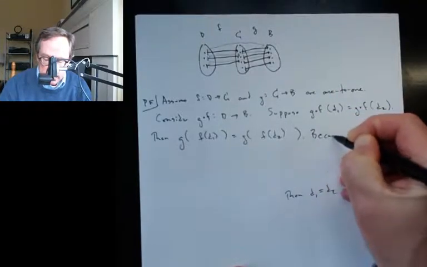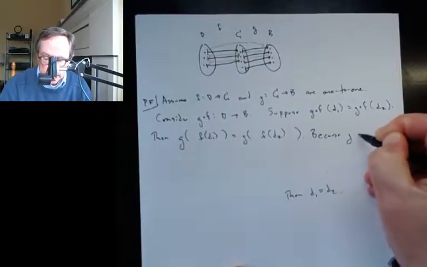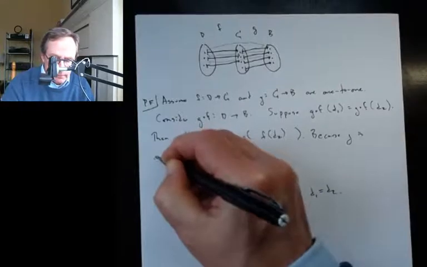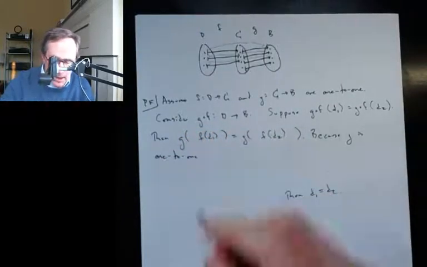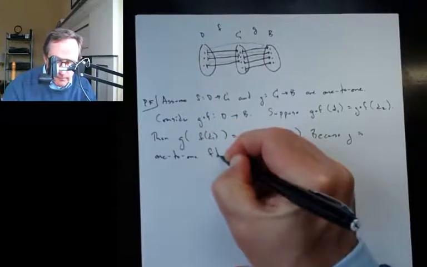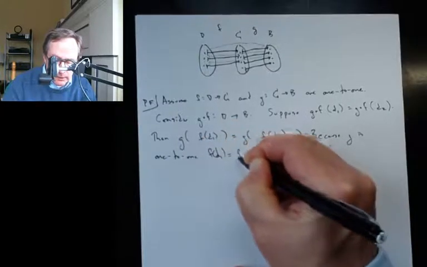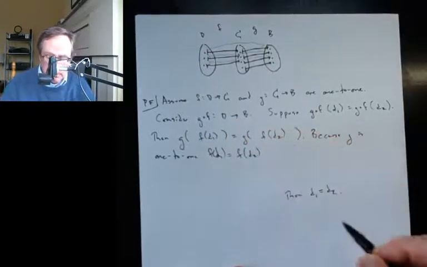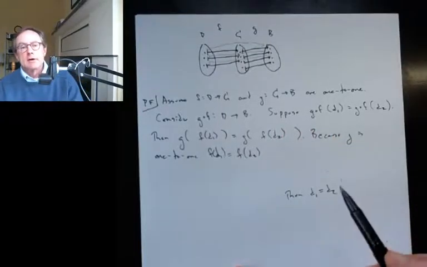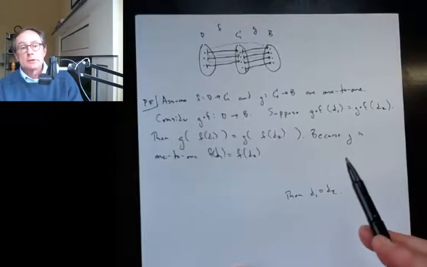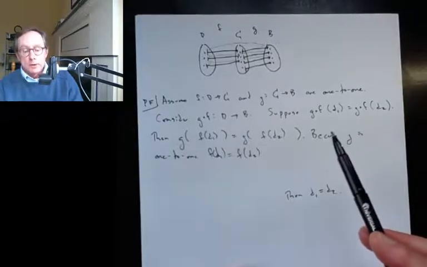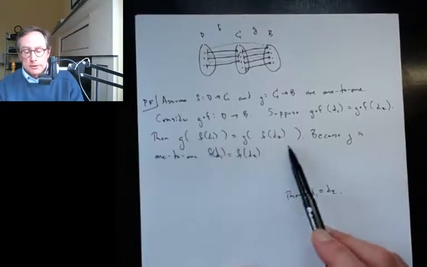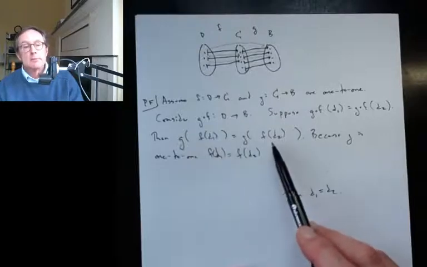Because G is one-to-one, f of d1 equals f of d2. The property of one-to-one is that if the outputs are the same, then the inputs are the same. It's not the most conceptually clear way to express one-to-one.